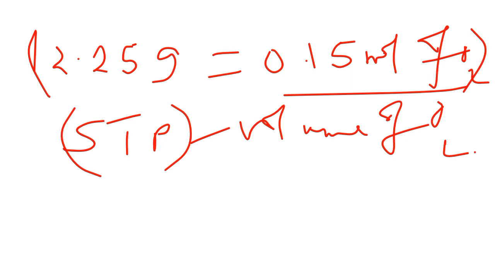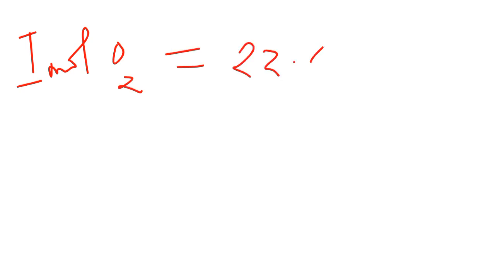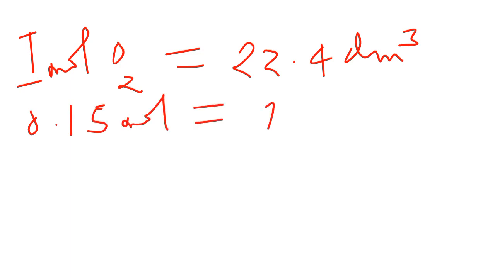By finding the volume of oxygen at STP, we know that at STP, 1 mole of any gas is equal to 22.4 decimeter cubed. So 1 mole of oxygen gas is equal to 22.4 decimeter cubed. The moles of oxygen that we obtained from the calculation, 0.15 moles, will be equal to how much volume at STP?